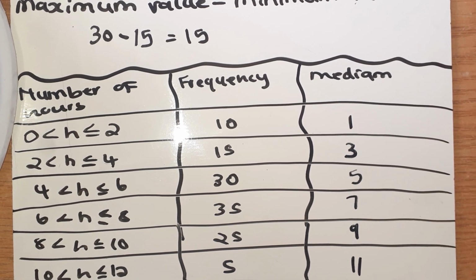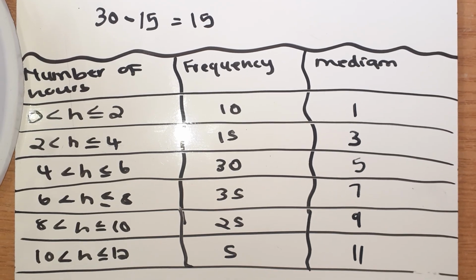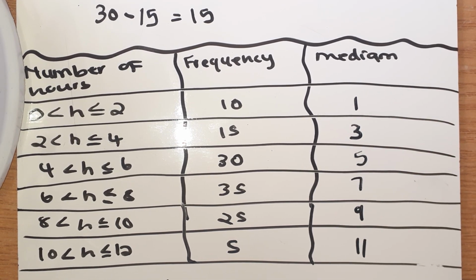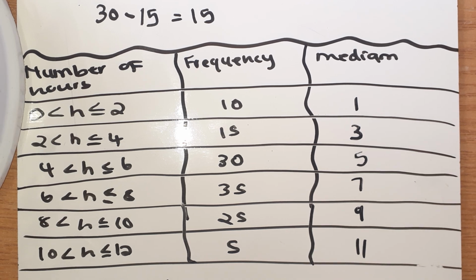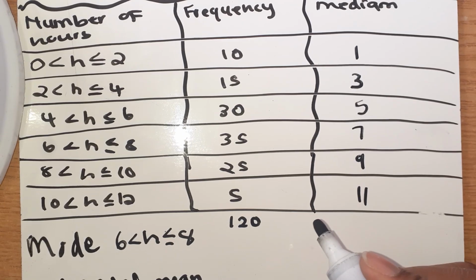And then you'll be asked to calculate the estimated mean. You need to find the total for this. You see 10 plus 15 plus 30 plus 35 plus 25 plus 5, they equal 120.